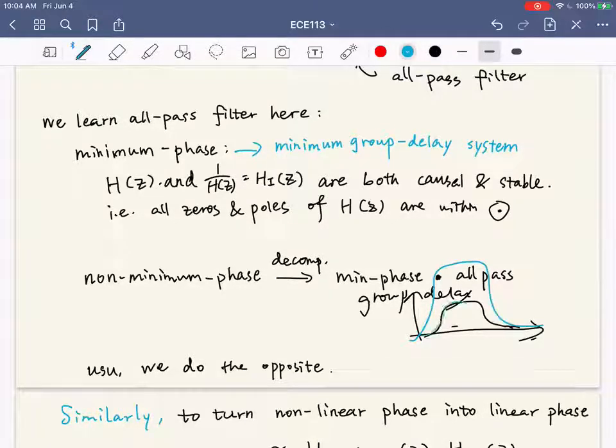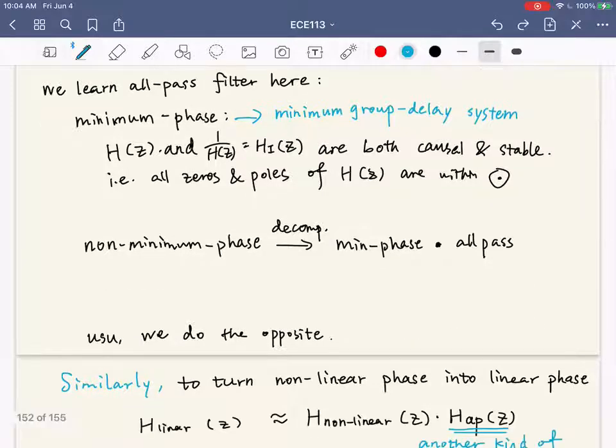The group delay is a minimum, but it is not guaranteed that it has linear phase. So these two topics do not overlap that much. Minimum phase is minimum phase, and linear phase is linear phase. They are different. We discuss minimum phase for the systems where we cannot reach linear phase, but we still want to optimize it. Usually we want to optimize the non-minimum phase to minimum phase.